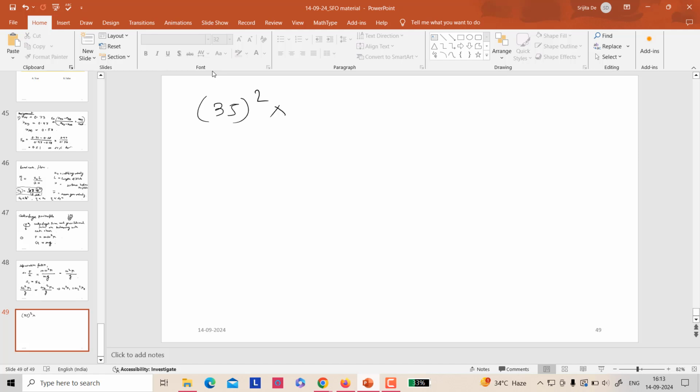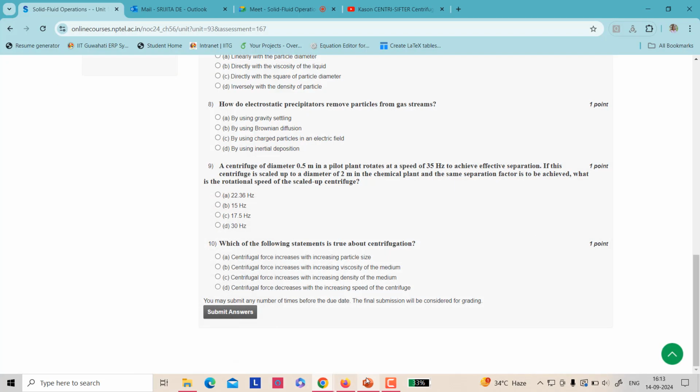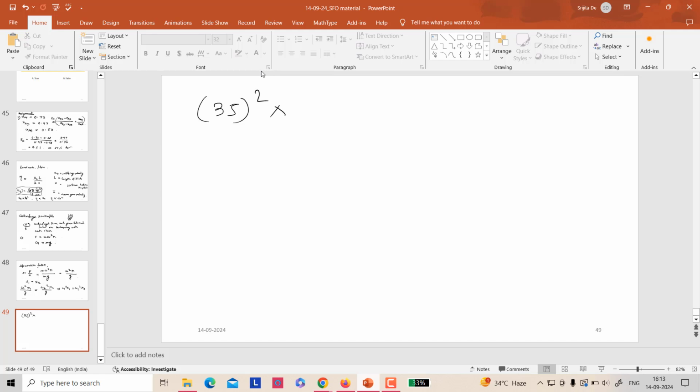The diameter is 0.5, so R1, the radius, is 0.25. That equals omega 2 square, which is to be calculated, times R2. The new diameter is 2 meter, so the radius will be 1, right?